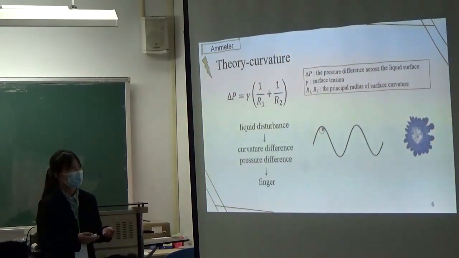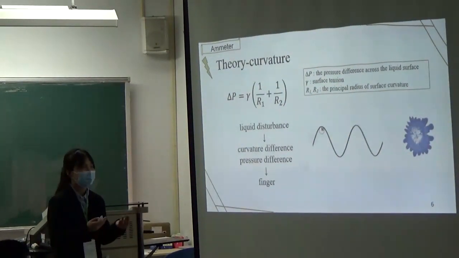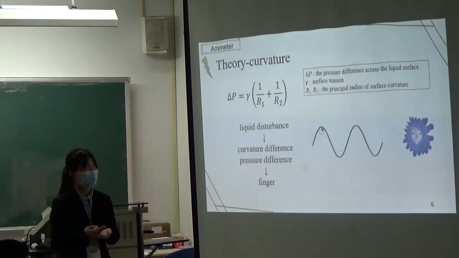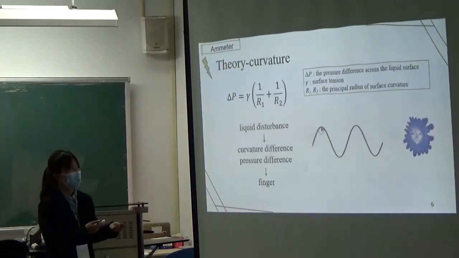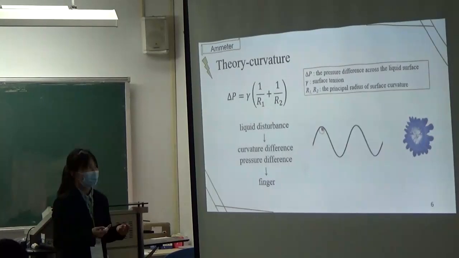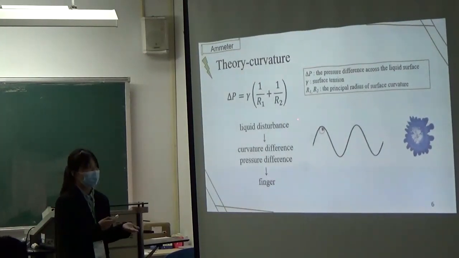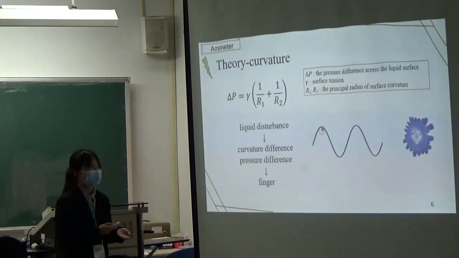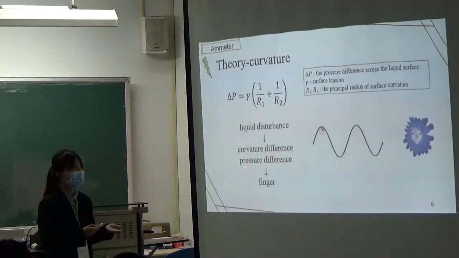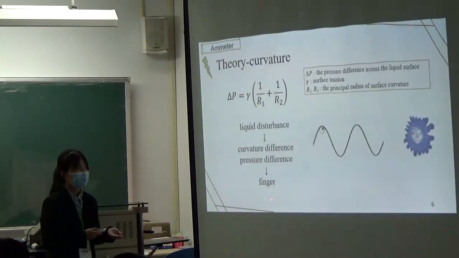And here is the theory about why it will form the fingers, and it's the curvature. Because of the evaporation, the liquid will have a disturbance, and so it will affect the curvature and the pressure becomes different. So it will form the fingers.